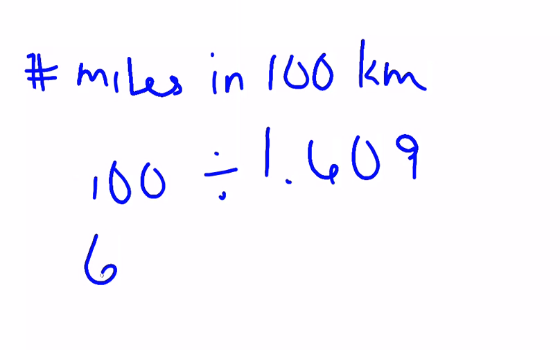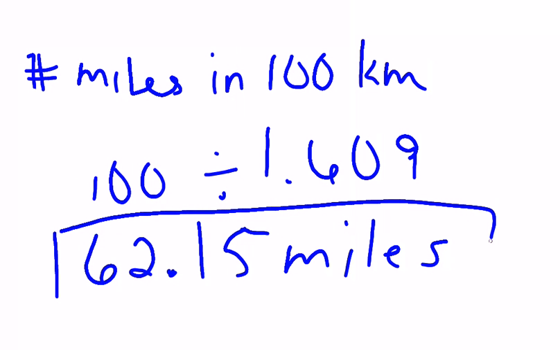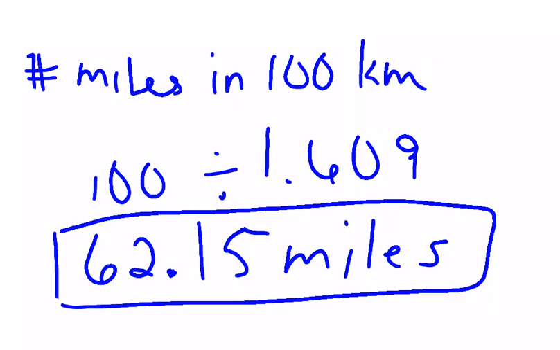And so we get 62.15, and it will tell you what to round to, because this decimal actually goes on for a while. But roughly 62.15 miles is in 100 kilometers.